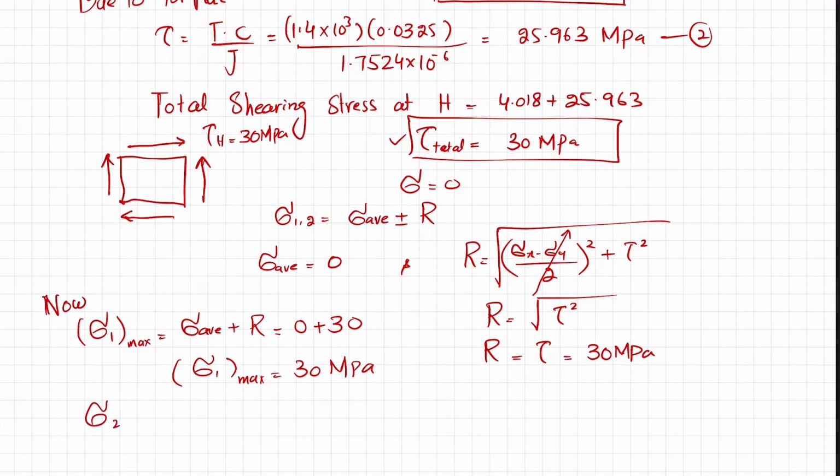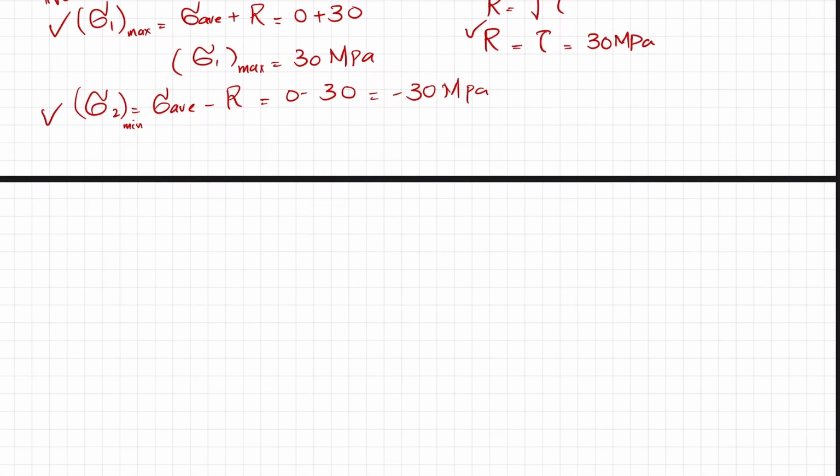And sigma 2 is the minimum, and that will be equal to sigma average minus R, so 0 minus 30 is equal to minus 30 megapascal. So these are the principal stresses, sigma 1 and sigma 2, and this tau is the shear stress at point H.